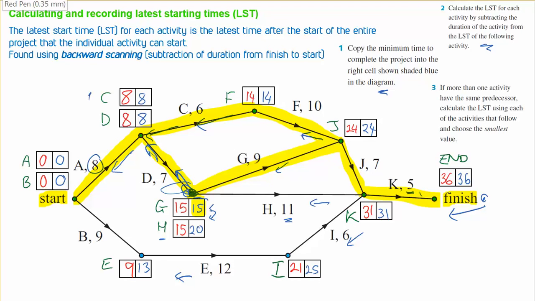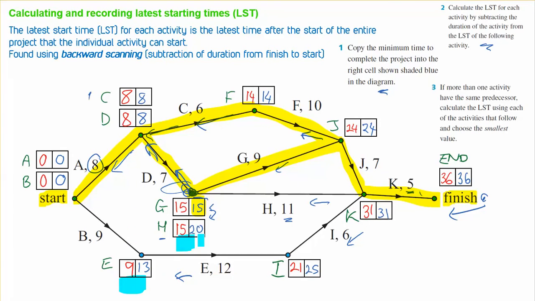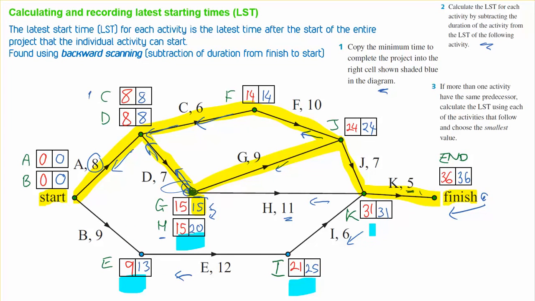The final part to work out the answers to this network is to work out, well, what do these other ones represent? The difference in each of the edges that don't align, so they've got a difference in their earliest starting time and latest starting time, we call that the float time.